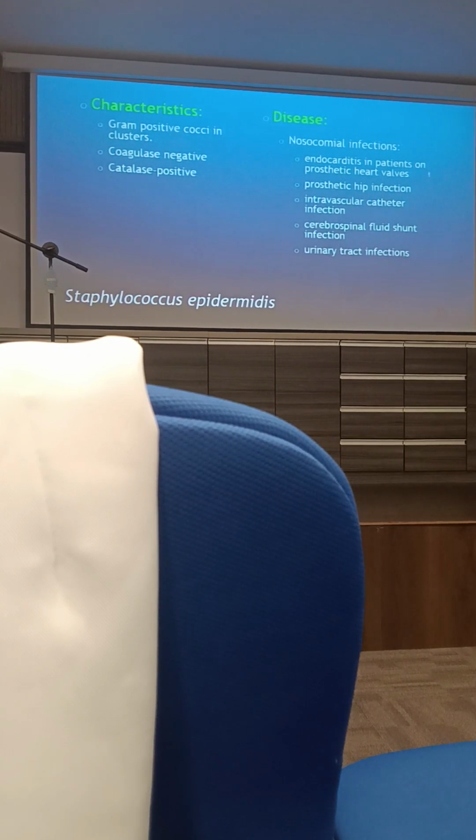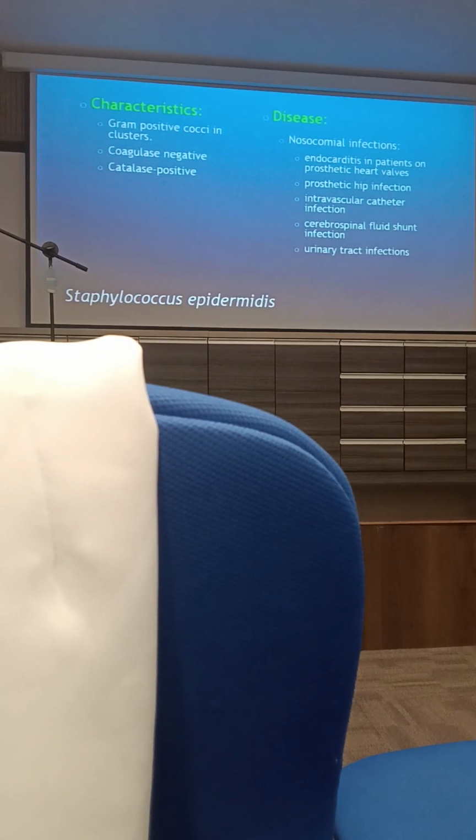So, what can you see in this? What do you think causes all these infections? What virulence factor in Staph epidermidis? You see a lot of prosthetic devices. Meaning its ability to produce, remember bacterial pathogenicity the other day I mentioned?